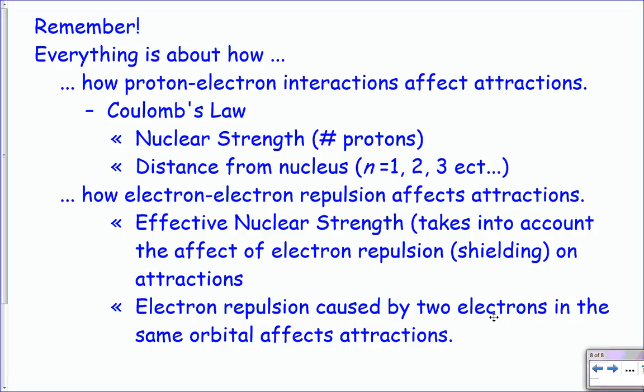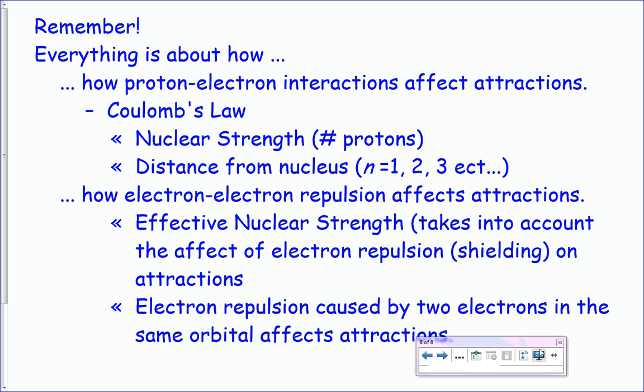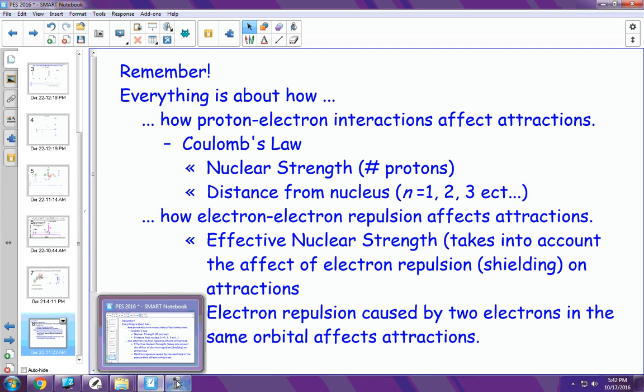Remember, when you have two electrons in the same orbital, there are repulsions there. And that first electron out of any orbital is going to be an energy advantage. And that can sometimes shift to the right your binding energies, making them lower than you think they should be. So sometimes those electron-electron repulsions, in particular, when you're looking at a repulsion in the same exact orbital on the same sublevel, that's going to actually help a little bit. So think of those things when you get to the homework. Hopefully this helps understand PES.